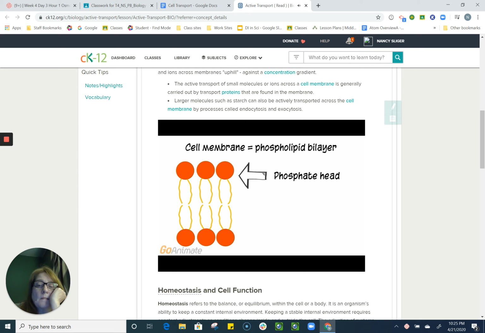Phospholipids consist of a phosphate head that loves water, or hydrophilic, and a lipid tail that hates water, or hydrophobic. The phospholipids arrange themselves into a bilayer with the heads pointing outward and the tails pointing inward.